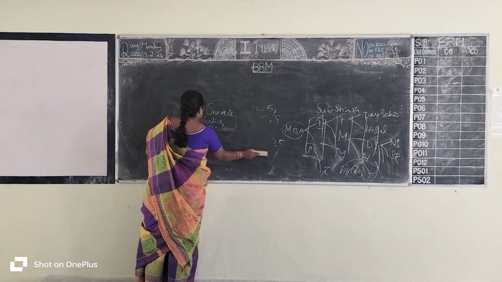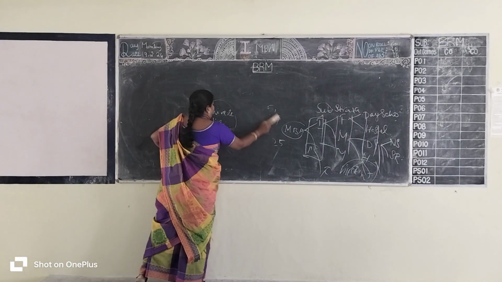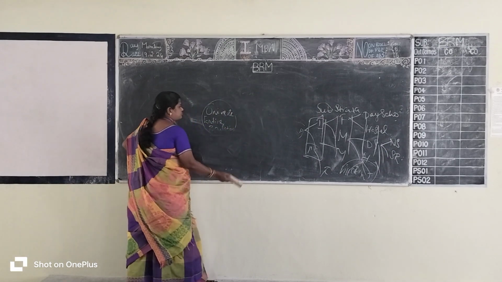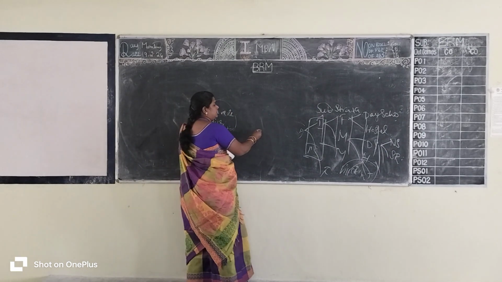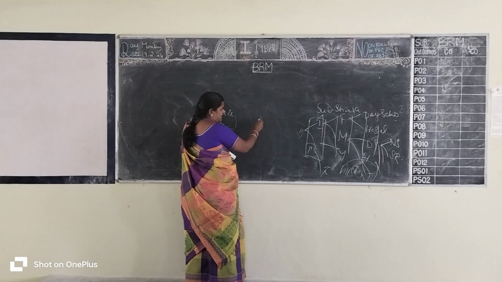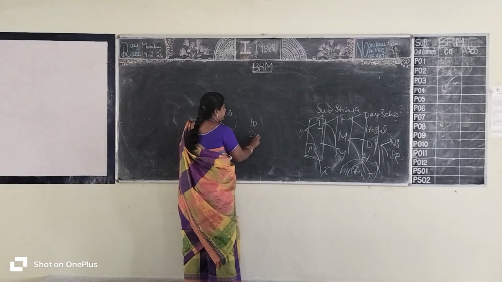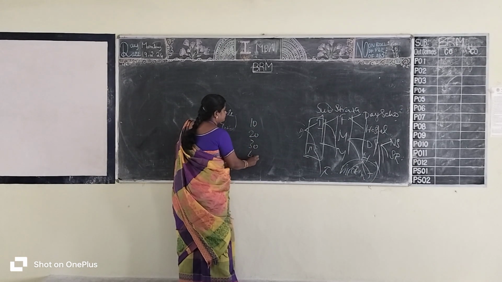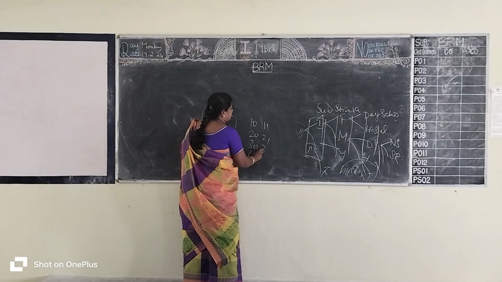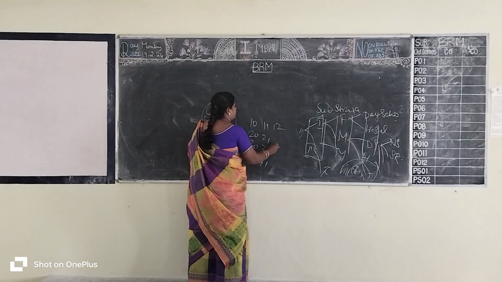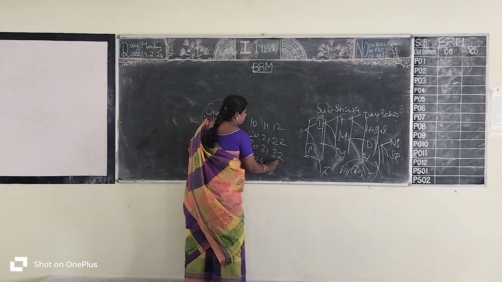And the last one is following an order. So random selection, say like 10, 20, 30, 40, 11, 21, 31, 41, 12, 22, 32, 42.